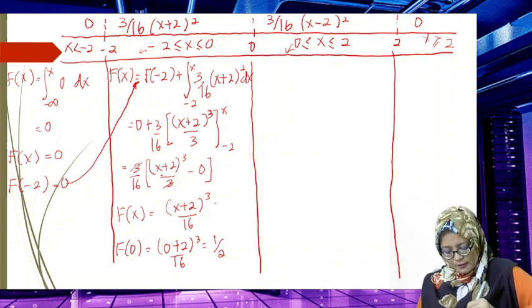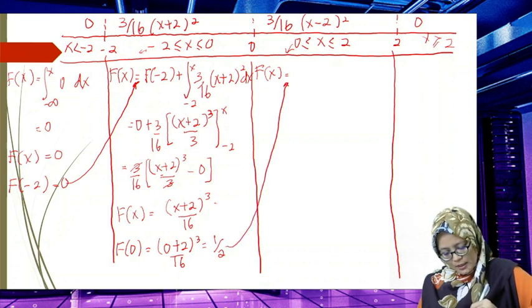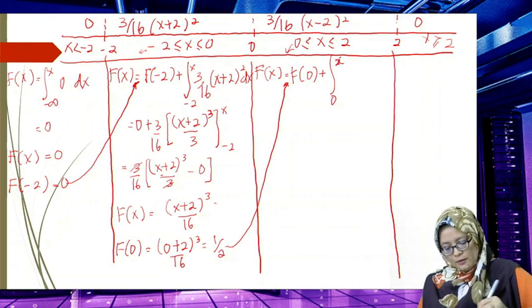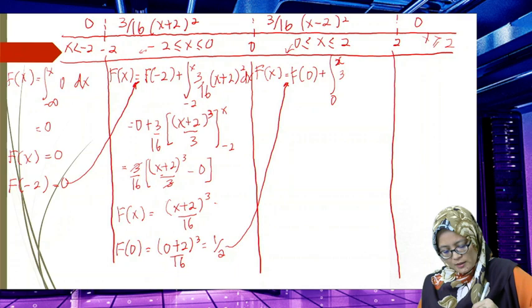Okay, so third interval. This value goes here. So this is F(0) plus the integral from 0 until x of the function 3/16 (x minus 2) square dx.